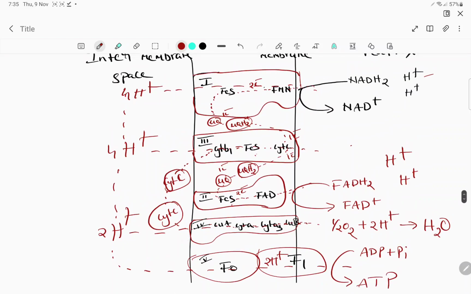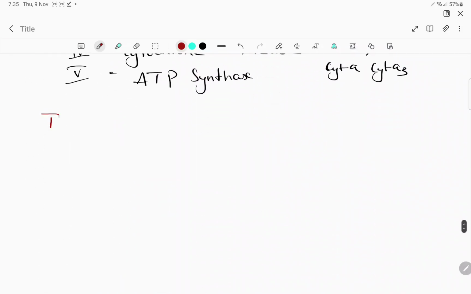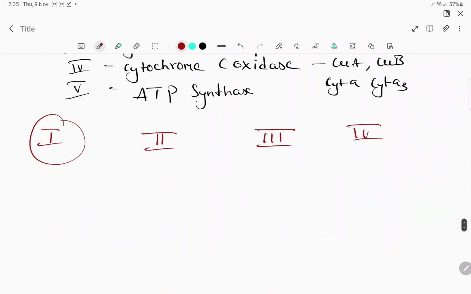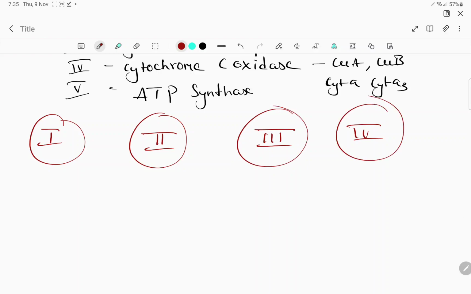So assume that for NADH2, the electrons are moving from complex 1 to 2. Usually for our understanding they have given 1, 3, 2, 4, 5. How is NADH2 producing 3 ATP? For every 2 protons we get 1 ATP. The first complex is NADH dehydrogenase.